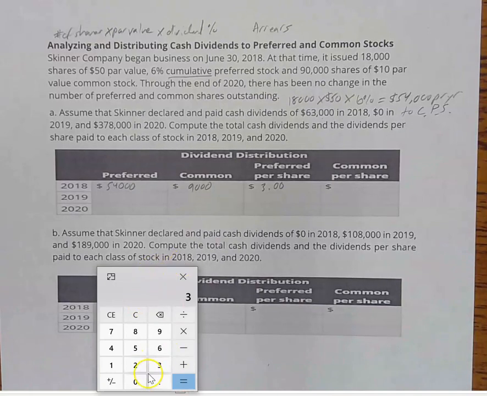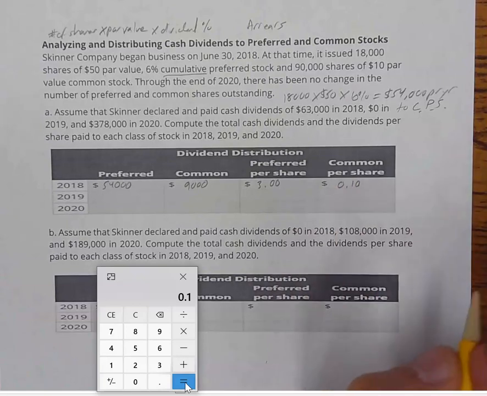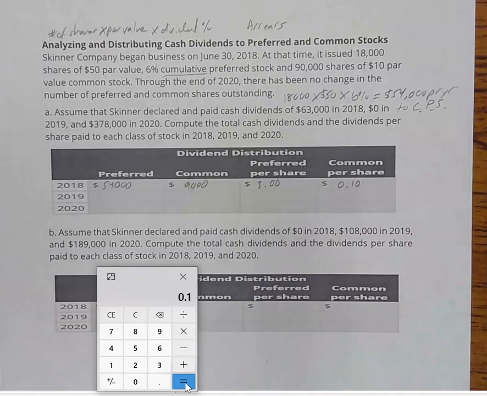And then we've got $9,000 paid out to the common stockholders divided by the 90,000 shares. Going to give us 10 cents, 0.10, 10 cents per share.